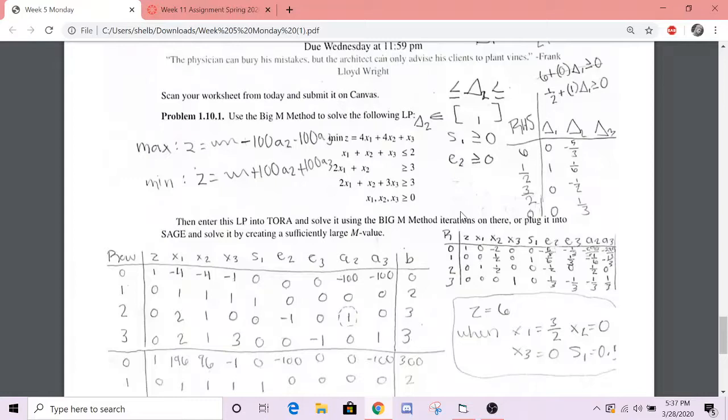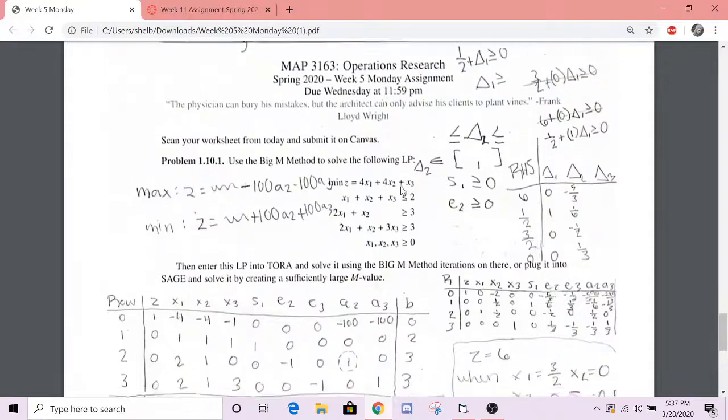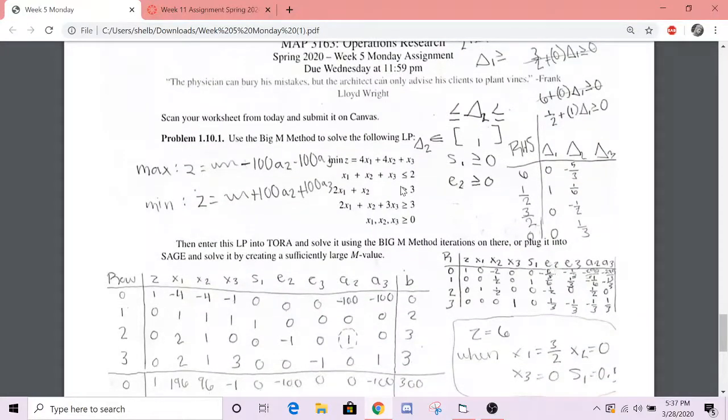And so we look at this and we know that we need to use the big M method because we have these greater than or equal to signs. In the week 5 Wednesday assignment, there's another method of finding the solution to these optimization problems.